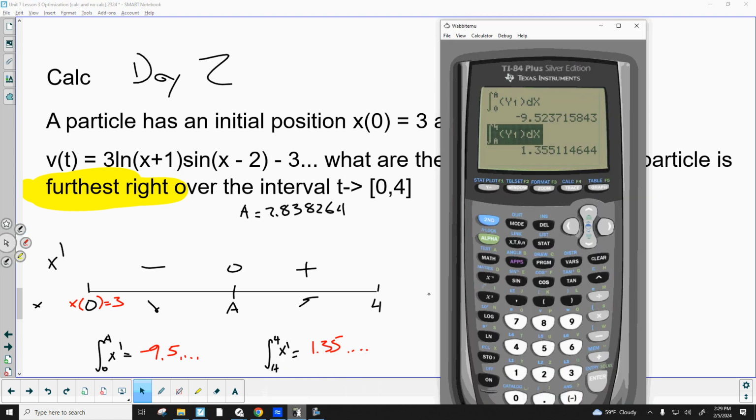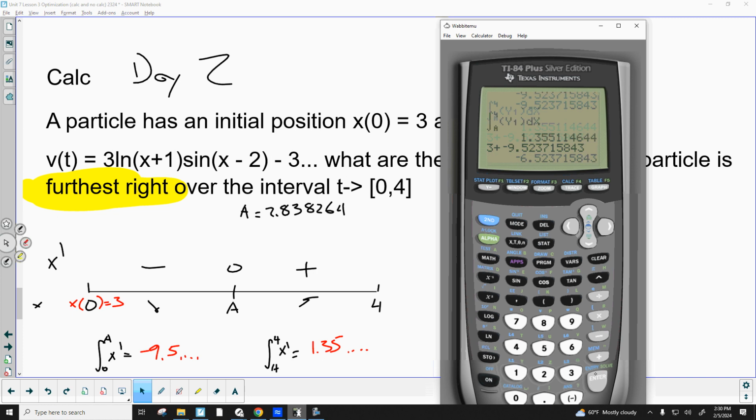I always go into the home screen. I math 9, 0 to a of y1 to get that number again. Did you store a? Yeah. Okay, so 0 to a of y1. All right, now, guys, you should be able to tell by your displacement that you decrease more than you increase.